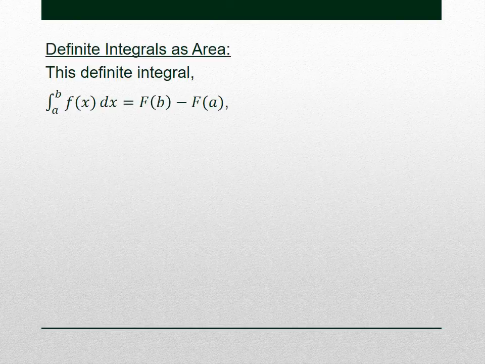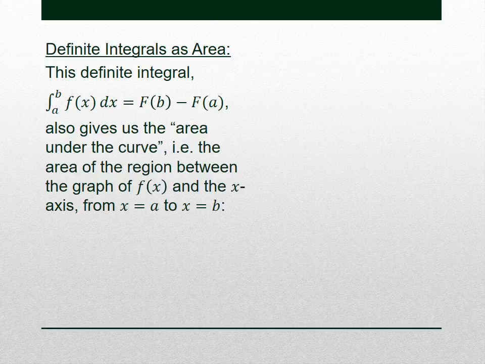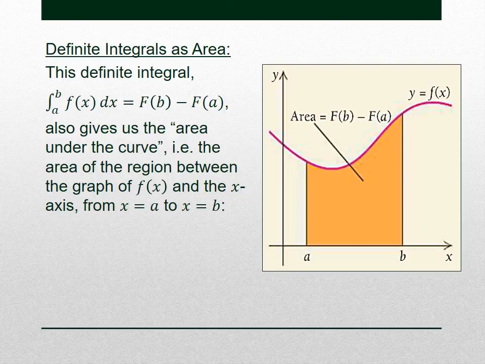And this definite integral from the fundamental theorem of calculus gives us the area under the curve. When I say that, what I mean is the area of the region, here shaded in orange, between the graph of f of x and the x-axis from x equals a to x equals b. So I'll say that again.